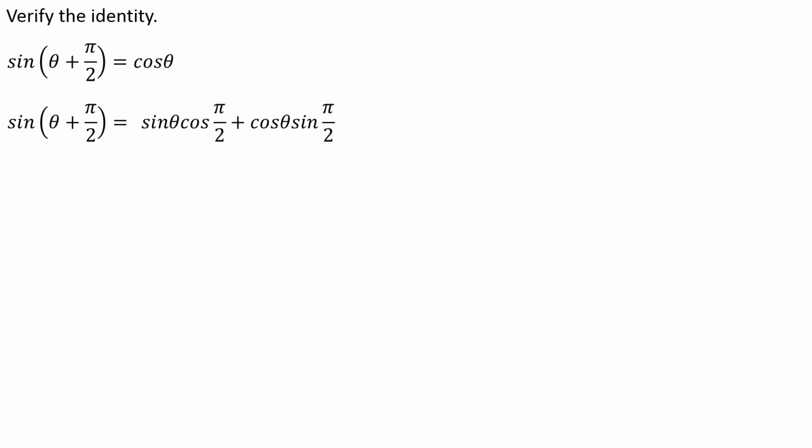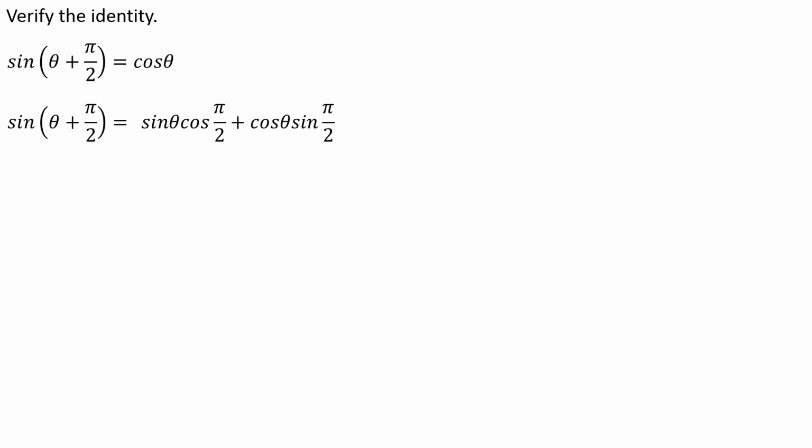All right, the sine function will keep the addition sign, but the functions get scrambled. So I've got sine of theta times cosine of pi over 2 plus cosine theta times sine of pi over 2.